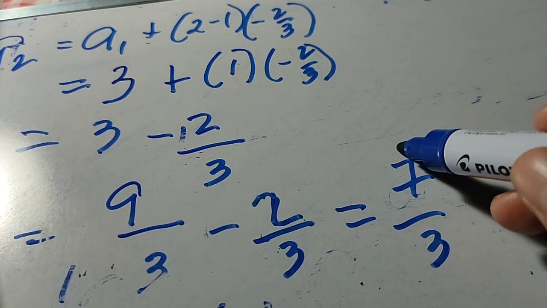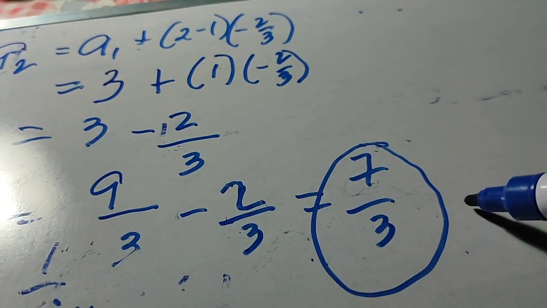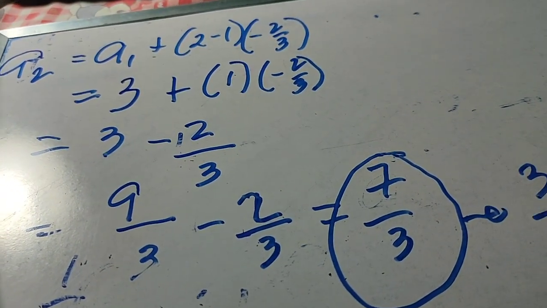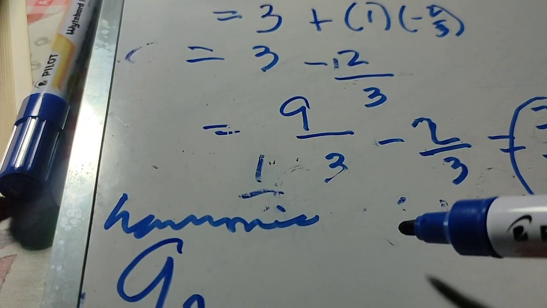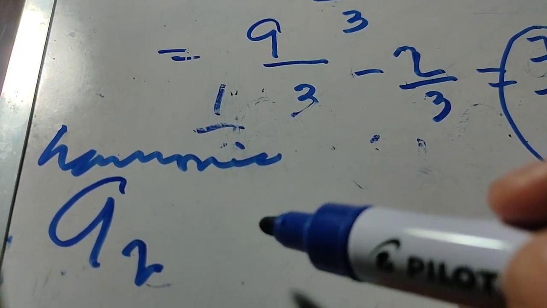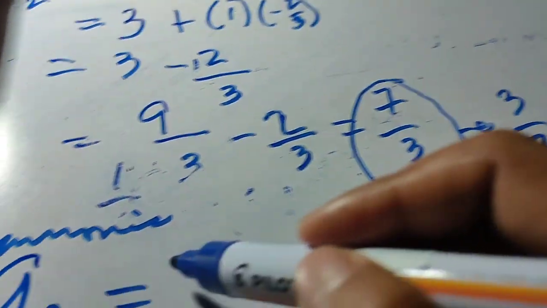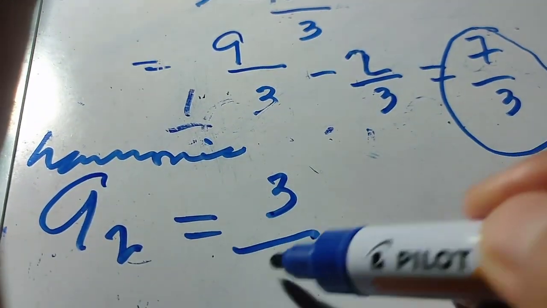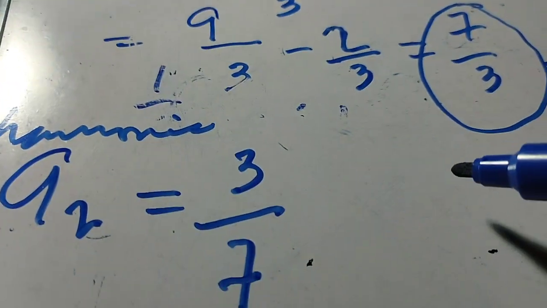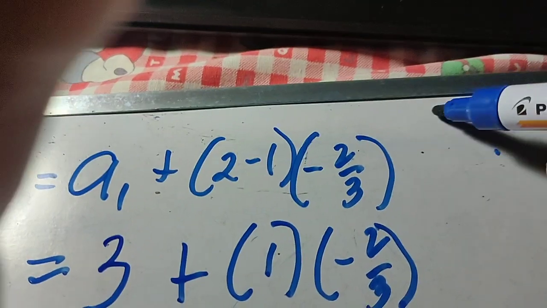This one. Let's try to find the reciprocal of 7/3, which is 3/7. So our answer for the harmonic term that is next to a sub 1 is 3 over 7.